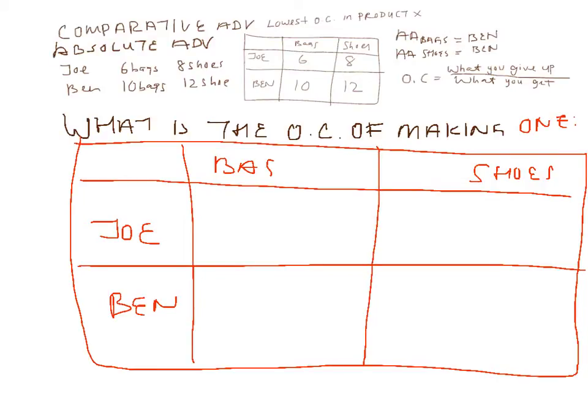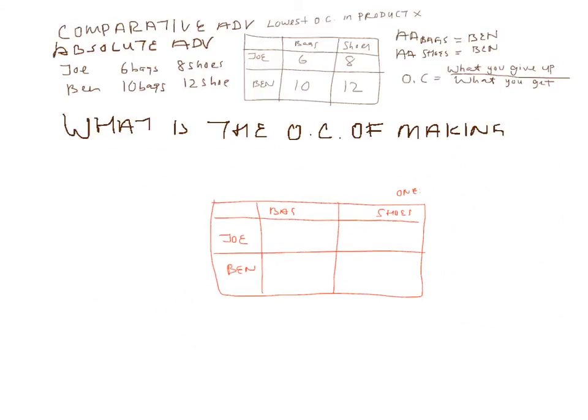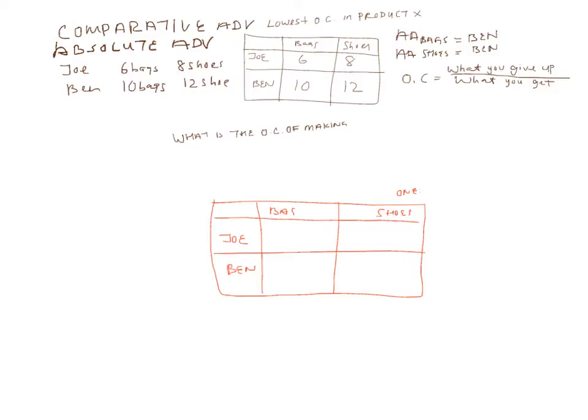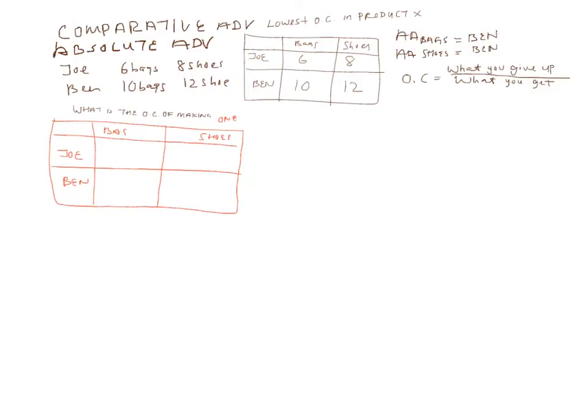Okay, so what do we know here? Let me just move this to the side for now. Look at Joe. Let's keep an eye on Joe. And we say Joe wants to make just bags.